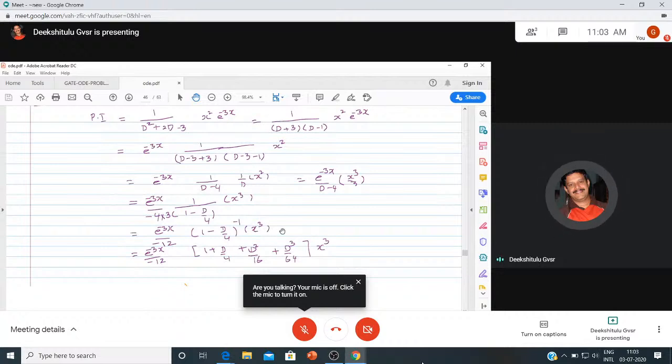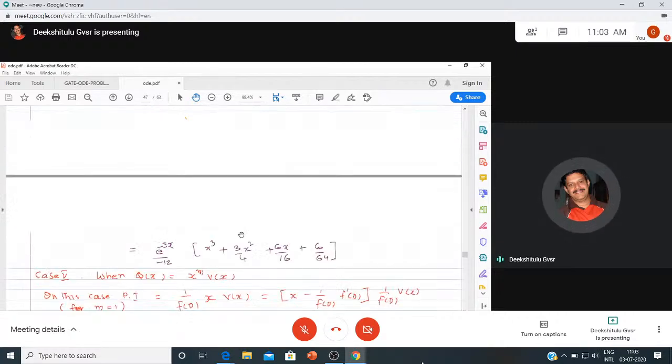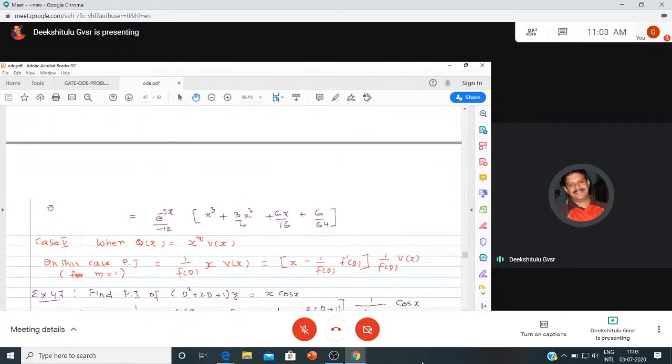The 4th derivative becomes 0, so we need not consider terms beyond d cube. Similarly d power 5. I stop the series with d cube only. So x cube plus d of x cube is 3x squared by 4 plus 6x by 16 plus 6 by 64. This is your particular integral.